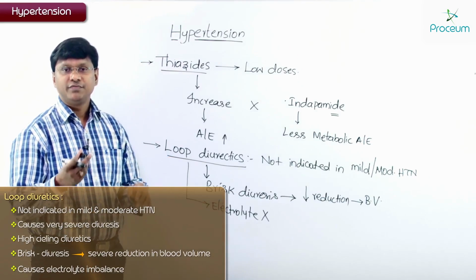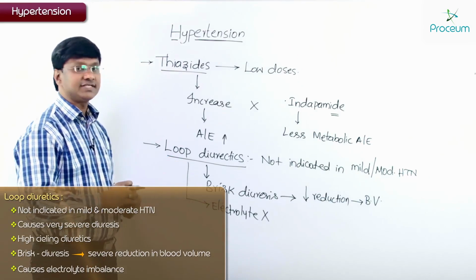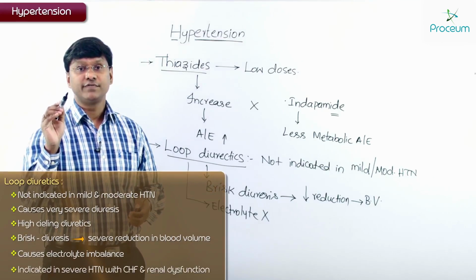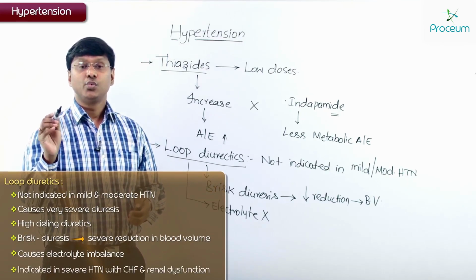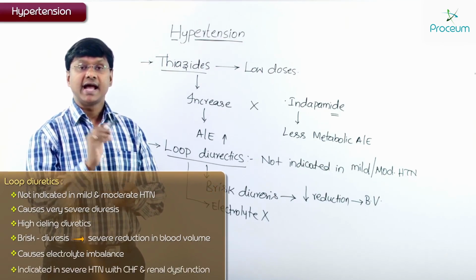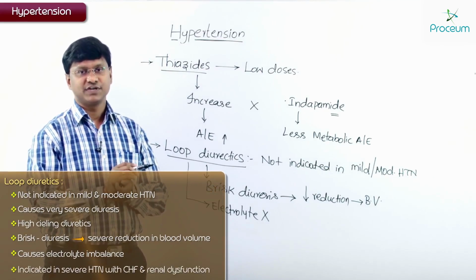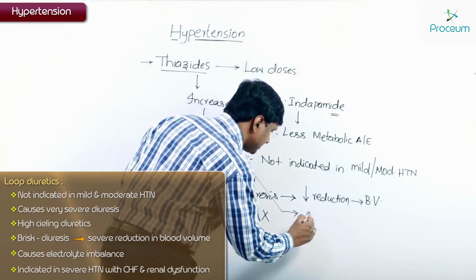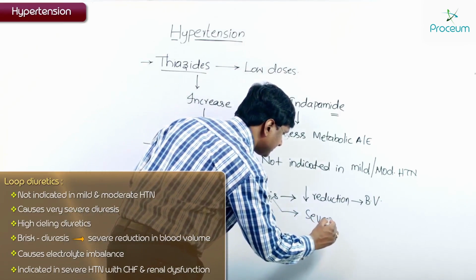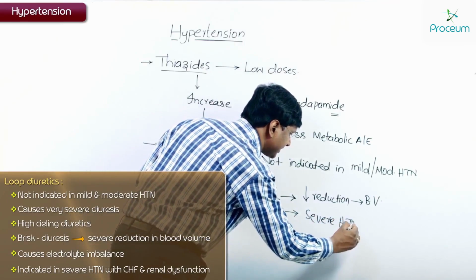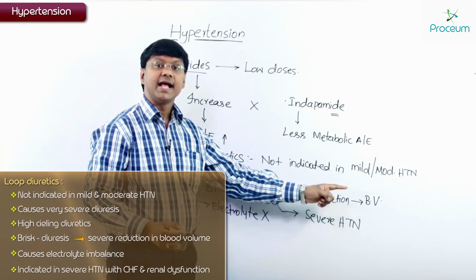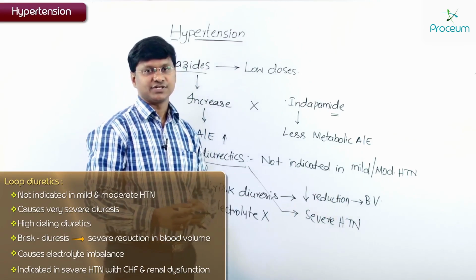Now, in which type of hypertension are these loop diuretics indicated? Loop diuretics are indicated in severe hypertension with congestive heart failure as well as renal dysfunction.